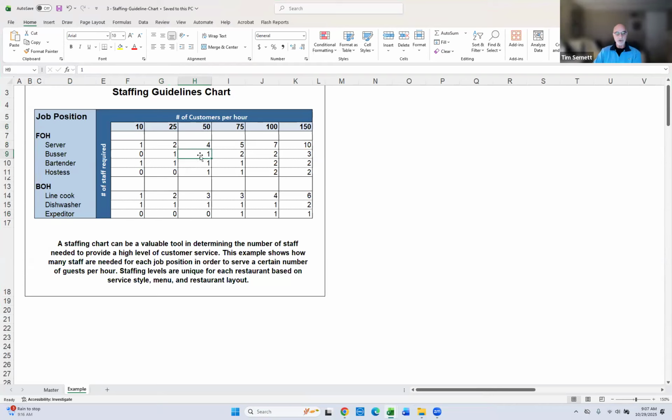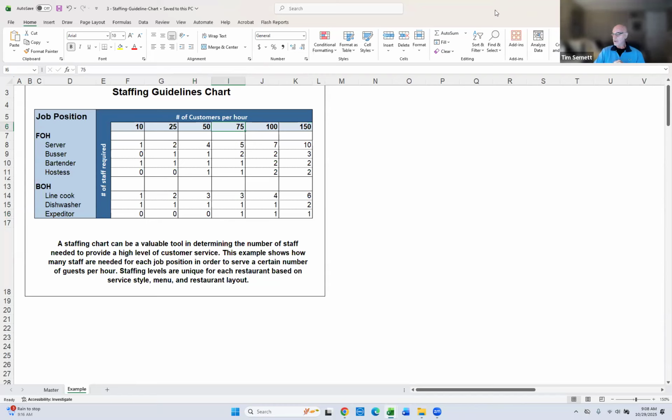And those customer counts per hour can come right from your point of sale system. How many bussers, bartenders, hostess, line cook, dishwasher, executive chef, that may be one of your salaried employees, one of your key managers. Whatever your position names are and whatever it takes to staff your restaurant, you want to understand each different customer count per hour, how many people does it take?